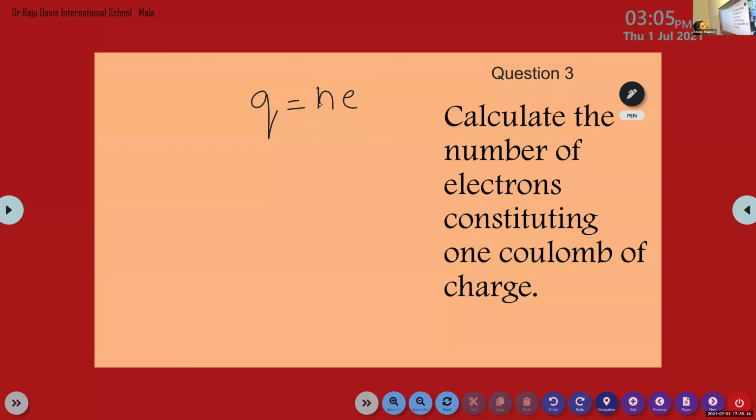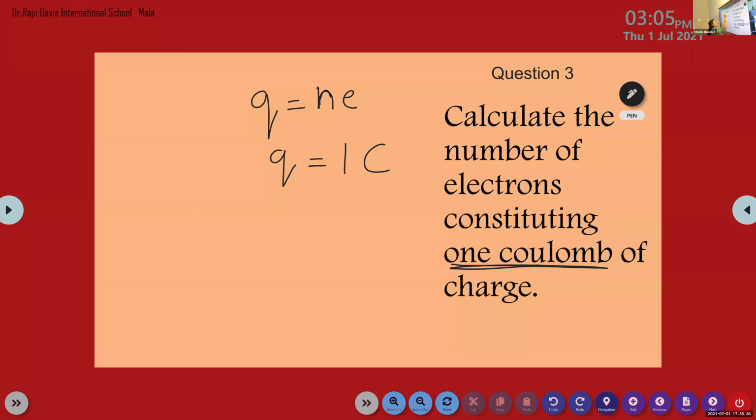And what are the physical quantities provided here? Here the charge is given, Q is equal to 1 coulomb. Calculate the number of electrons constituting 1 coulomb of charge.